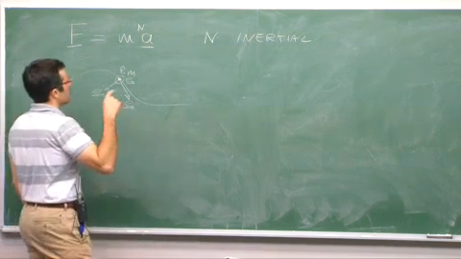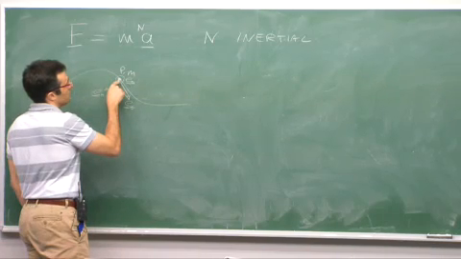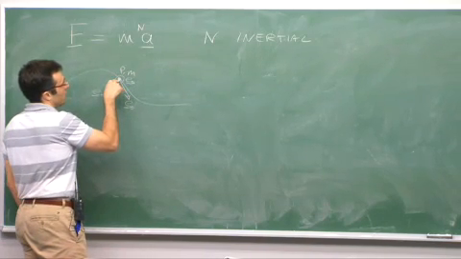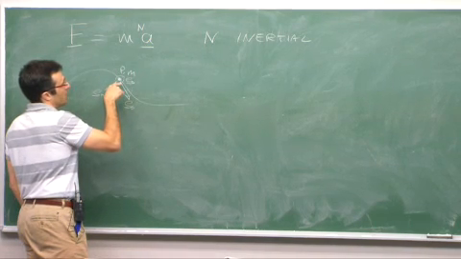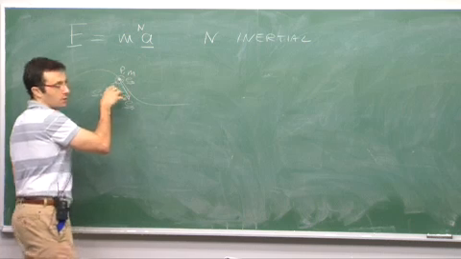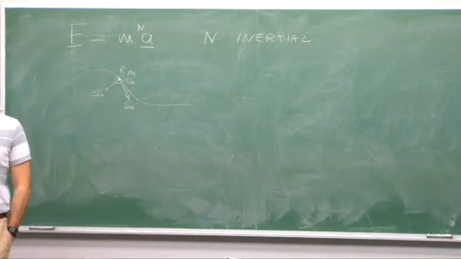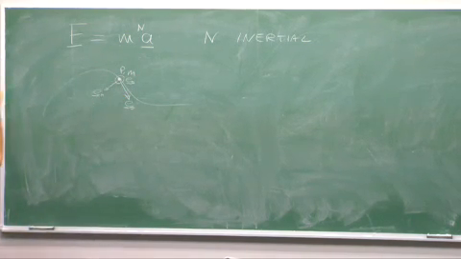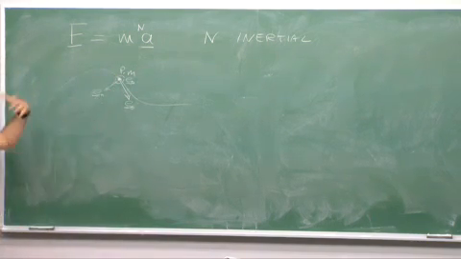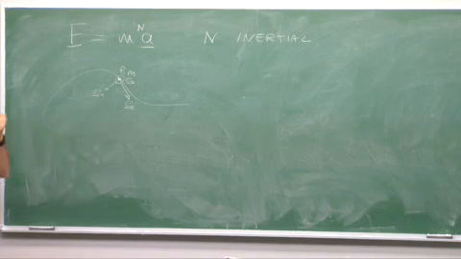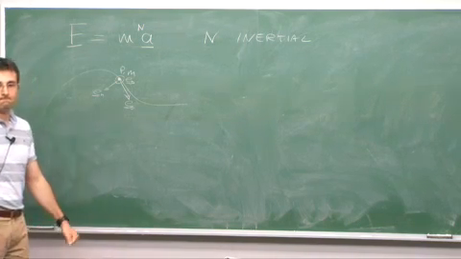So what if I now sit myself on the particle? I'm sitting on top of this particle, and so now I'm not in an inertial reference frame anymore. I am in a reference frame, and this is an abuse of terminology, that has the particle as one of its points. So you can imagine that this coordinate system is fixed in that reference frame in which I'm sitting. So I'm traveling with the particle, right?